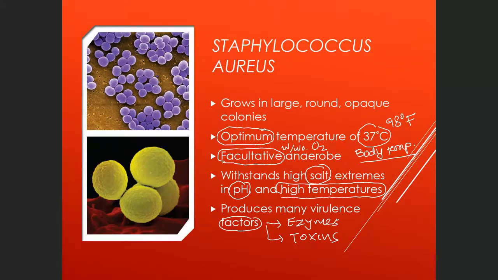Again, virulent factors mean any factors produced by the bacteria that cause disease to humans. Like enzymes, they destroy cells, and toxins also destroy our cells. So this is what actually causes the disease, and this is what we call the virulent factors.